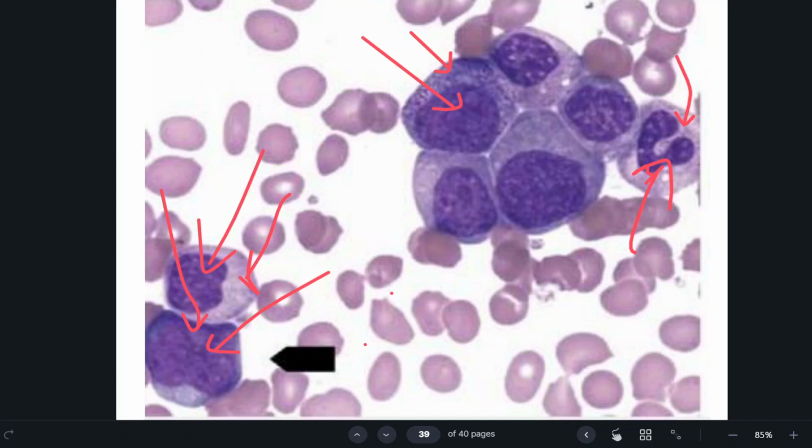In hypolobated dwarf megakaryocytes, there will be less lobation and the cytoplasm is less compared to normal mature megakaryocytes. So hypolobated dwarf megakaryocytes, and a hypercellular marrow with the increased paratrabecular cuff of immature granulocytes. These will be the bone marrow findings.